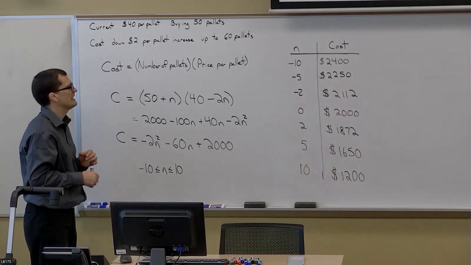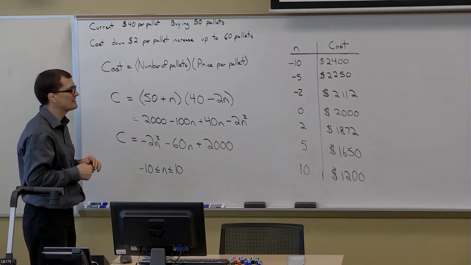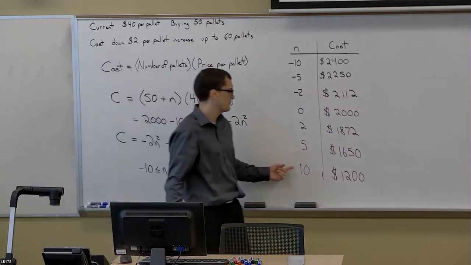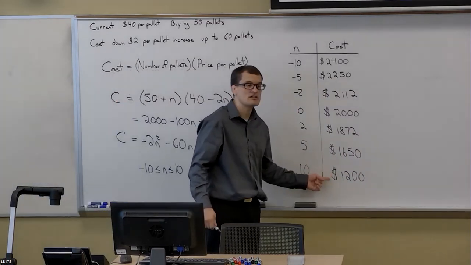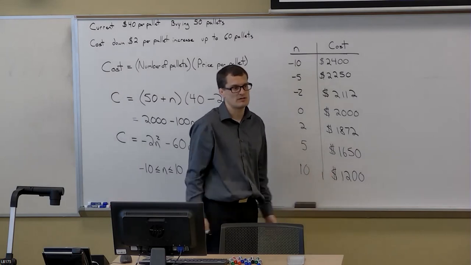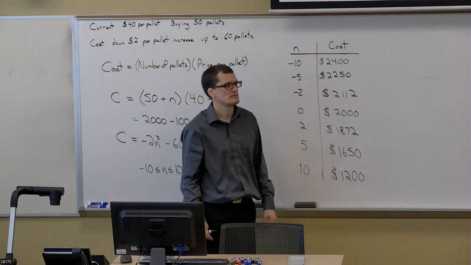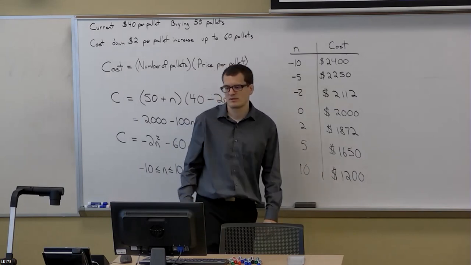So you can see that in this case, if you ordered 10 more pallets, your costs would go down and you'd have more, in this case, food to distribute. All right.